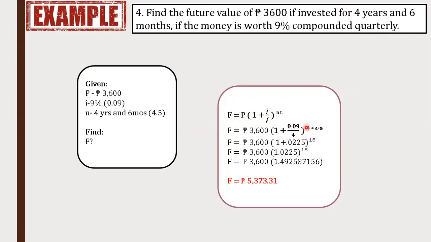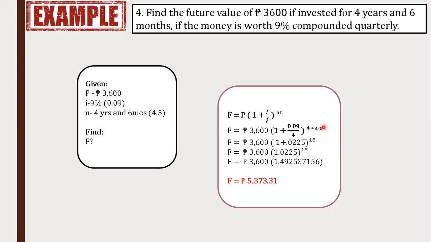Therefore, raise it to the power of 4.5 times 4. If you're asking, sir, why did you write 4 first? It's okay because in a multiplication, you can interchange values, and you will get the same answer. But you can still write 4.5 times 4 in the value of n times t.